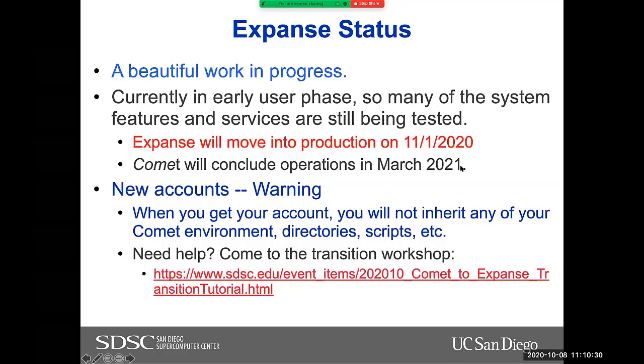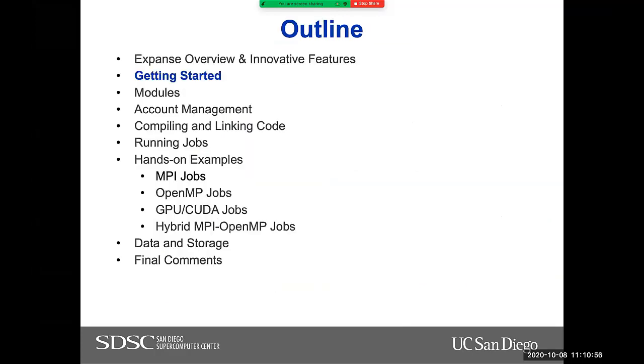That's why we're doing this transition workshop, to help people get everything they want off of Comet, because you literally have the very minimum information in your directory. It will not have any of your code files or folders. You'll have to bring them all over, and bring them over in the right way. And one of the biggest changes is the system we use for modules.